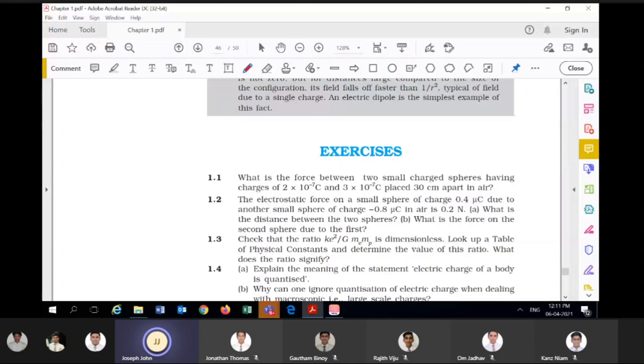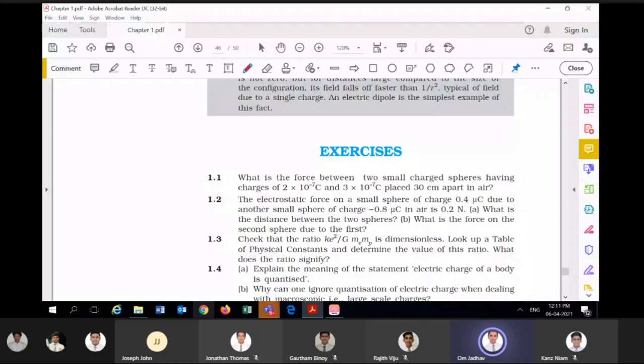Next is 1.2, please. Can you read the question? The electrostatic force on a small sphere of charge 0.4 microcoulombs due to another small sphere of charge minus 0.8 microcoulombs in air is 0.2 newtons.